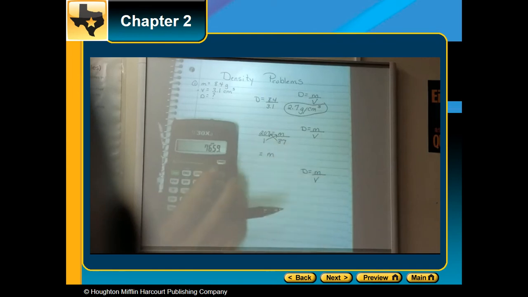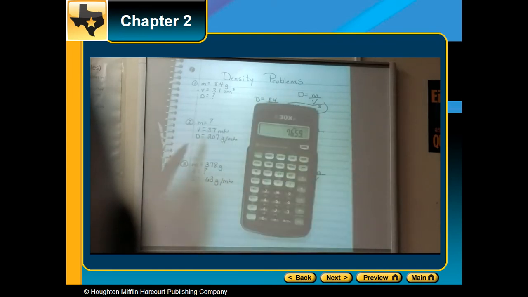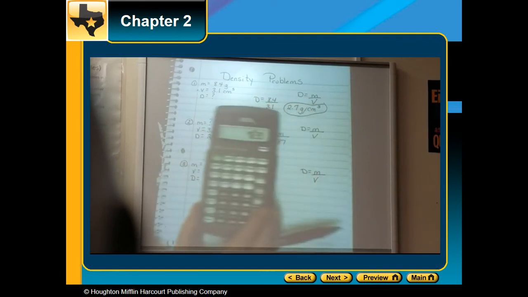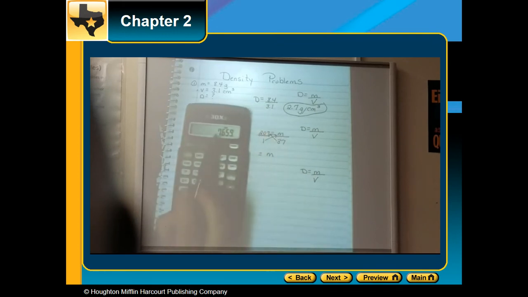So, looking back at your original variables, you've got 2 and 3 significant figures. The one with the least is 2. My answer needs 2. Okay. So this reads 7,659. 1, 2, the 5 bumps the 6 up.